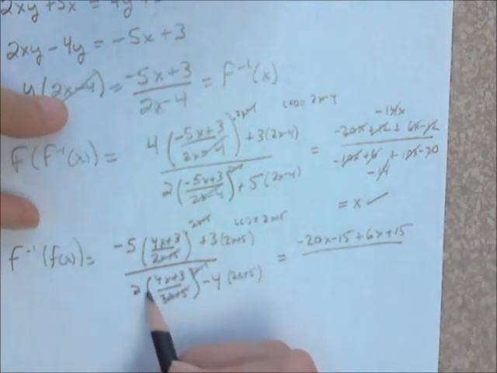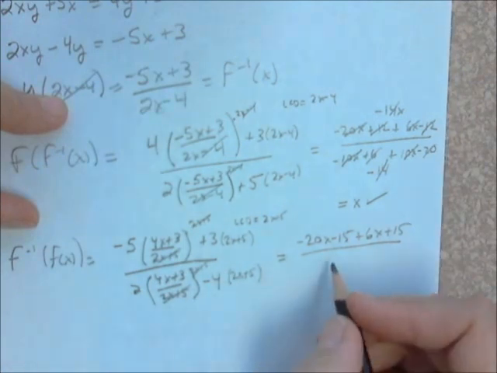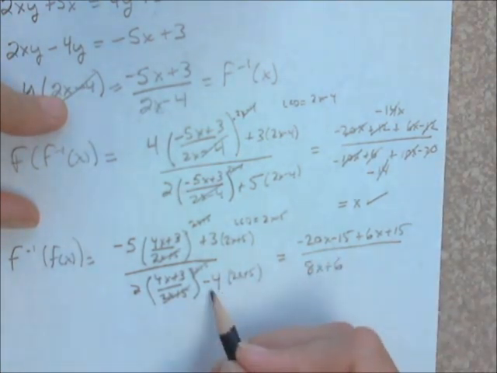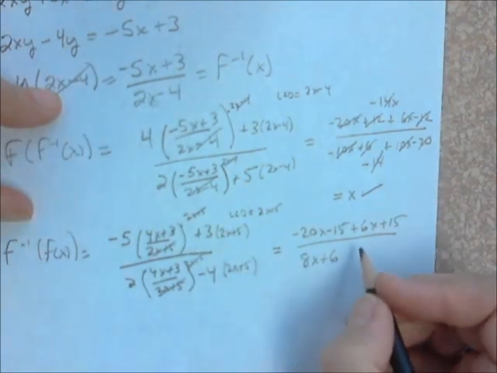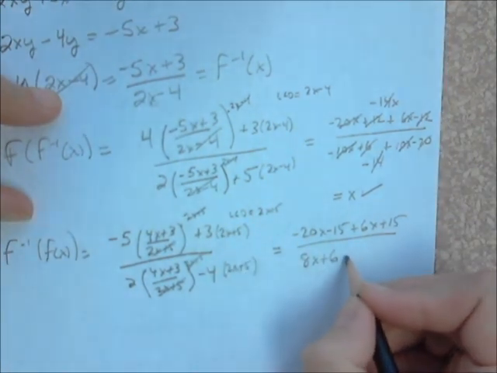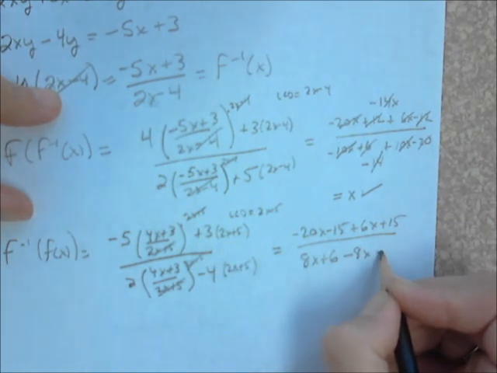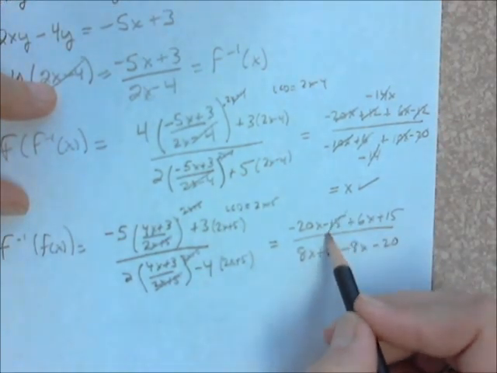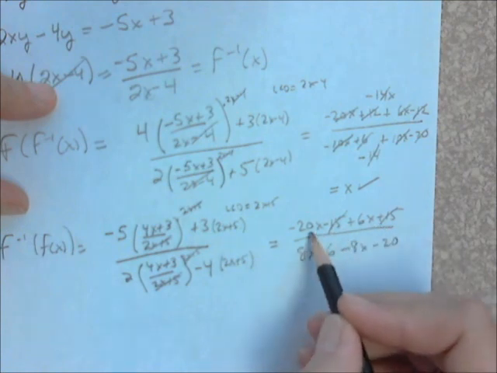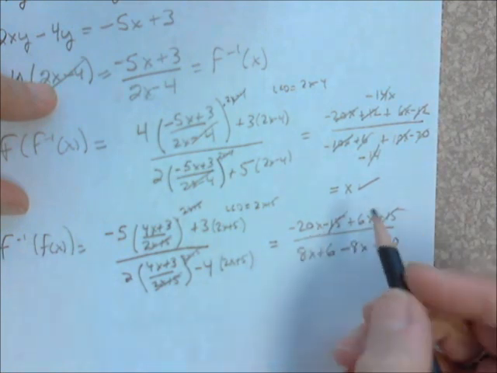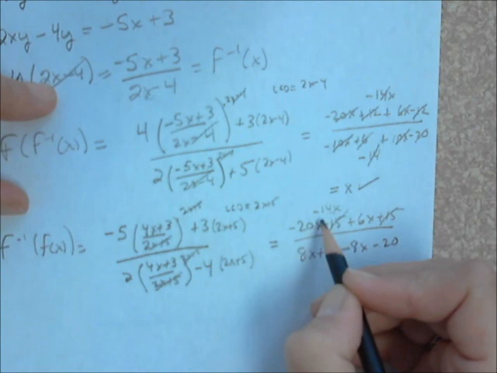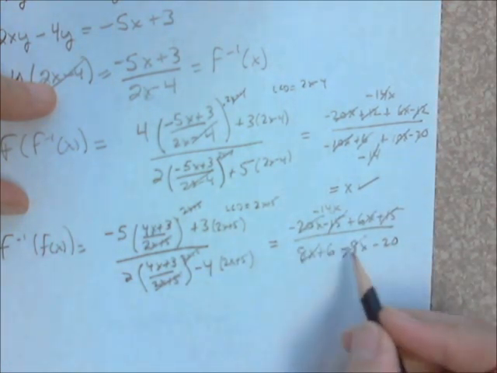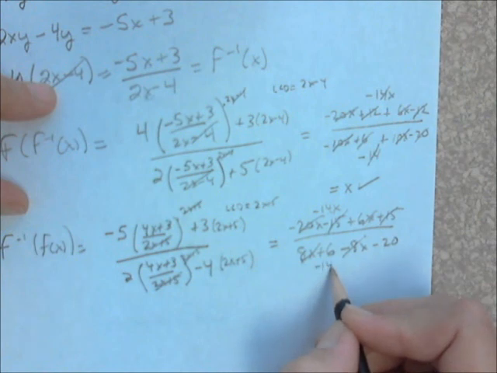And in the bottom, distribute the 2 through the 4x plus 3 and get 8x plus 6, and distribute the negative 4 through the 2x plus 5, and you get negative 8x minus 20. And clean things up a little bit. The 15's cancel in the top. Negative 20x plus 6x is negative 14x. The 8x's cancel in the bottom, and 6 minus 20 is negative 14.